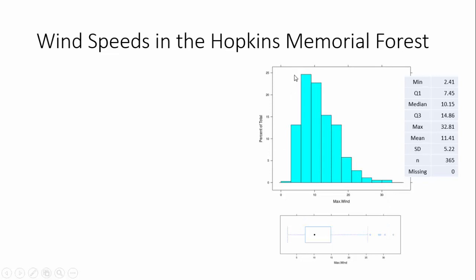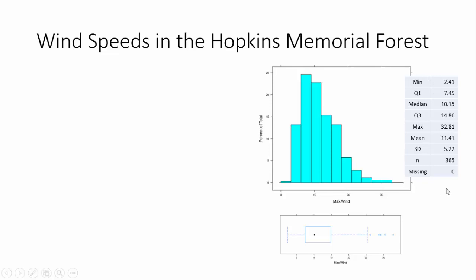And I look at the distribution and I say, okay, describe this as unimodal, slightly right skewed. The box plot down here, the median was around 10 miles an hour. There were actually several outliers that were picked up, unusually fast winds that day, maximum winds. So I've got interesting things to look at there.